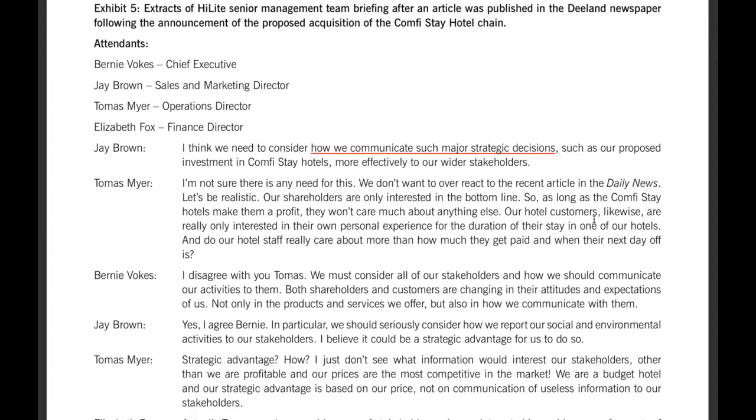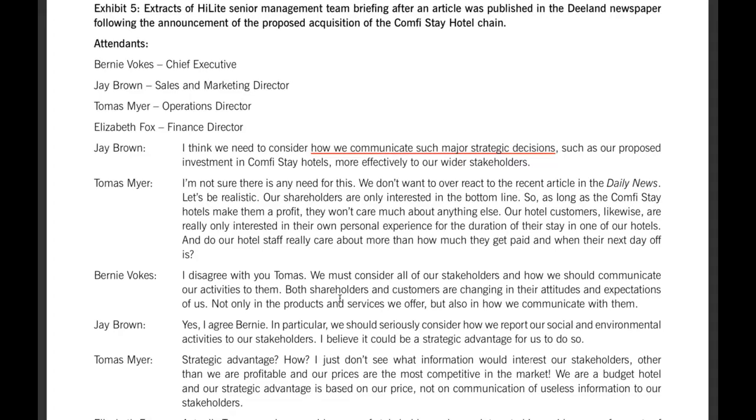Our hotel customers likewise are really only interested in their own personal experience for the duration they stay in one of our hotels. And do our hotel staff really care about more than how much they get paid and when their next day off is? So there's a disagreement between the chief executive and the operation director.